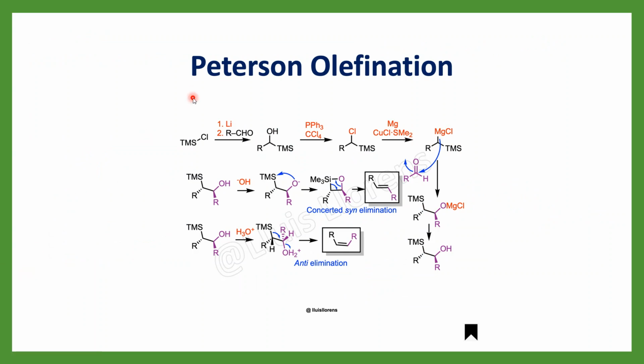So students, in Peterson olefination, look from here, from the second line. You have beta-hydroxysilane. Your starting material is beta-hydroxysilane.